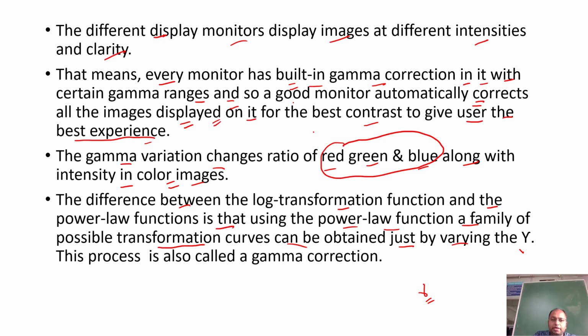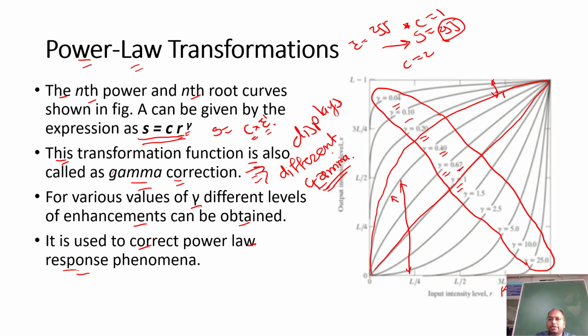We have seen many curves in a previous slide, right? So these are nothing but the different types of curves. By changing the value of gamma, we can change the curve. That means the image intensities can be varied over a variety of curves. Is that fine?